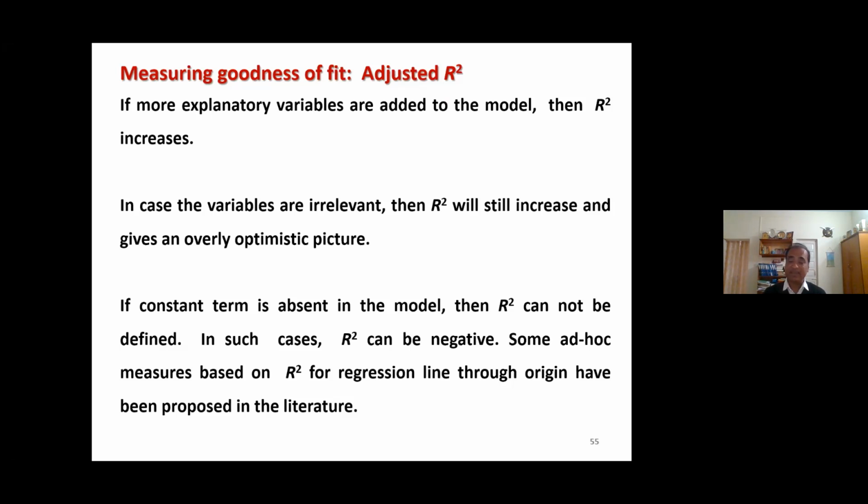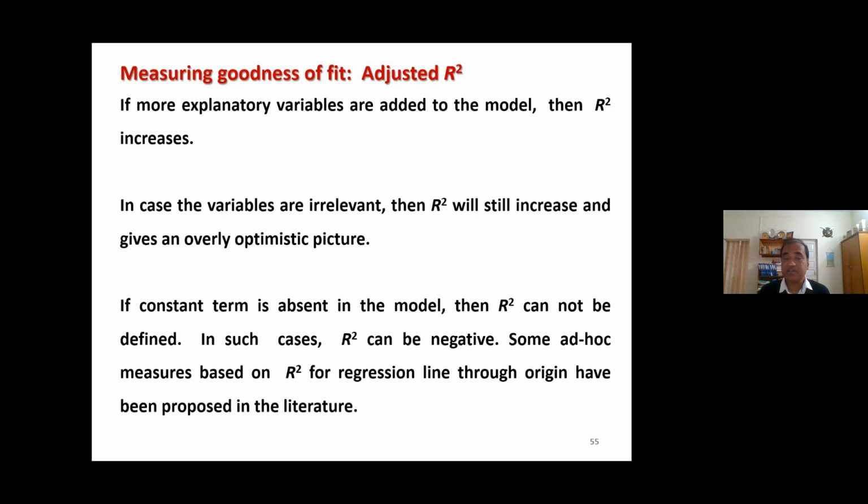Secondly, in case the constant term is absent, for example, there can be situations where you don't need an intercept term. For example, a very simple example, quite popular in mechanical engineering: if there is some machine whose output depends on the current and voltage, but if you put the current and voltage to be zero, there is no outcome.